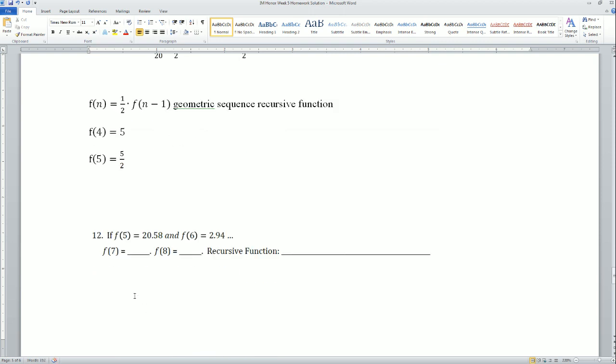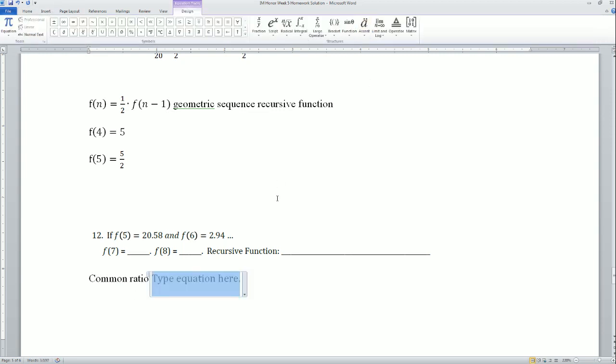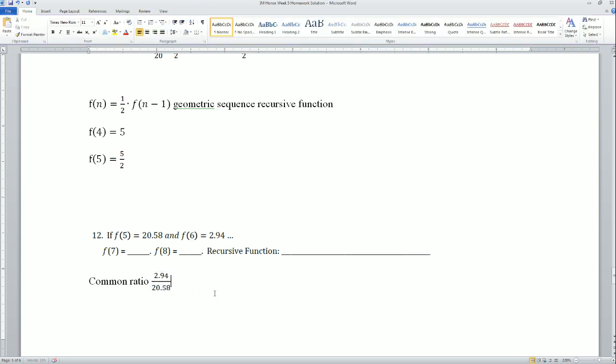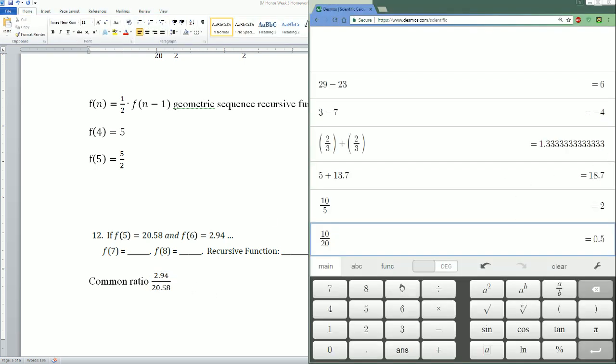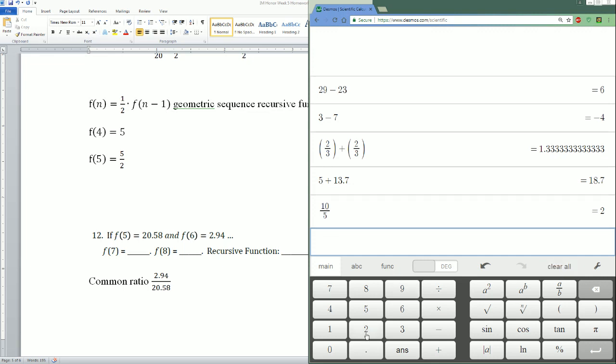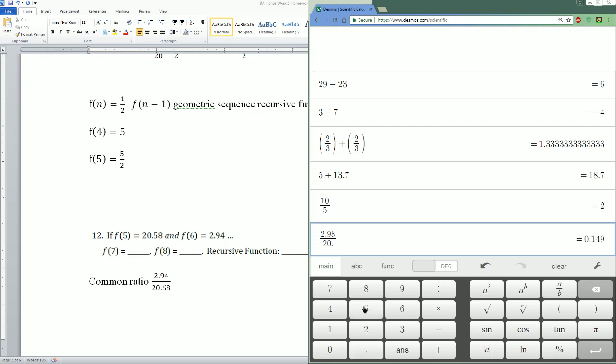Next, again, this is ugly. Common ratio. Alright, let's look at this. 2.94 divided by 20.58. Ooh, that looks interesting. Let's clear this. 2.98 divided by 20.58. Oh, that is an ugly ratio.